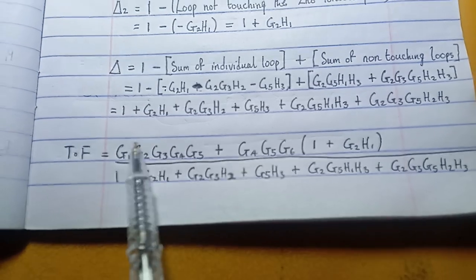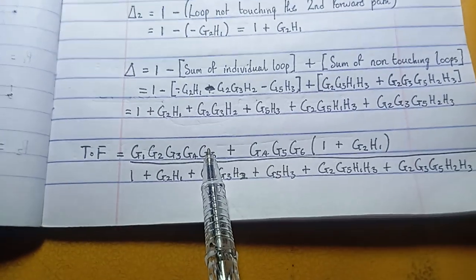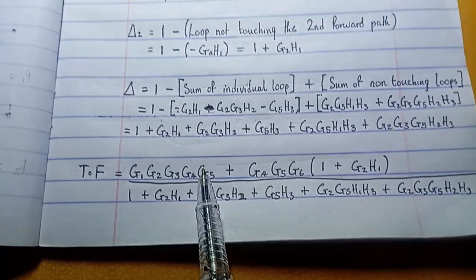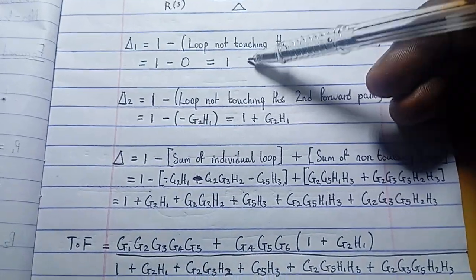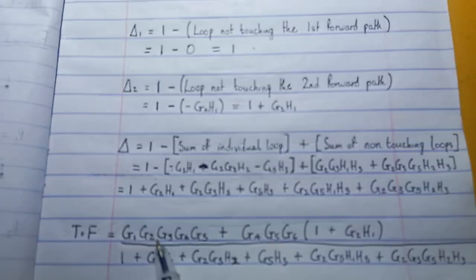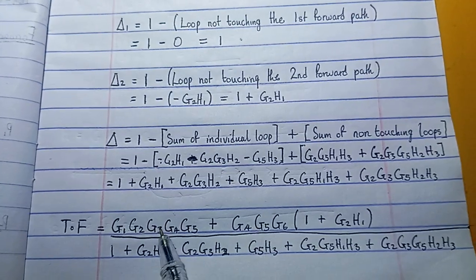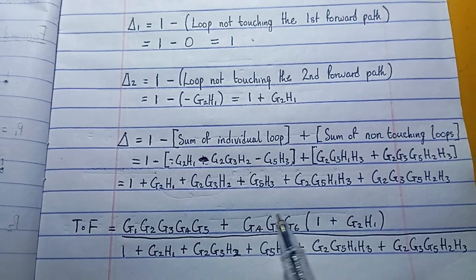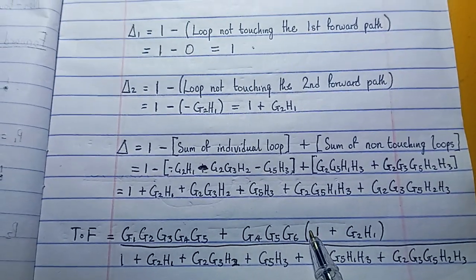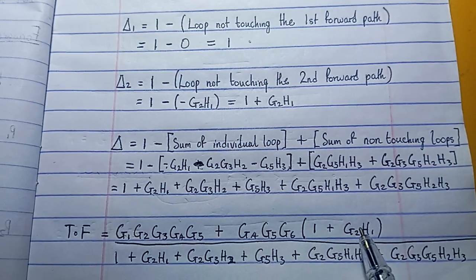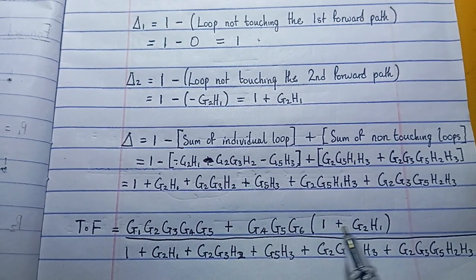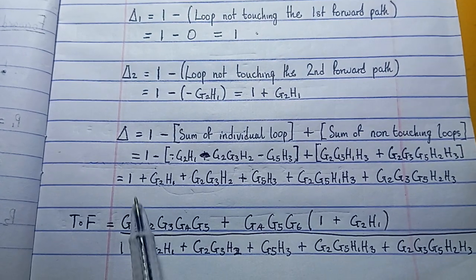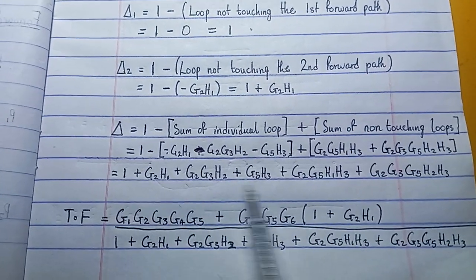Everything here is our P1. P1 times delta 1. Remember our delta 1 was 1. So this is P1 times 1, which gives this value here. This is P2, our second path, times delta 2, which was 1 plus G2 H1. You can open these brackets to give you a final answer. Then this is our delta. This is our value for delta.